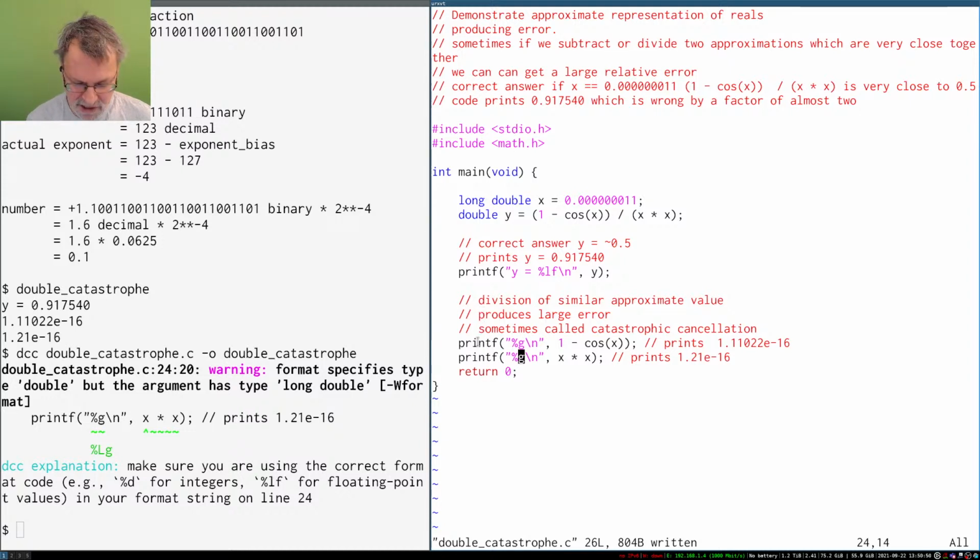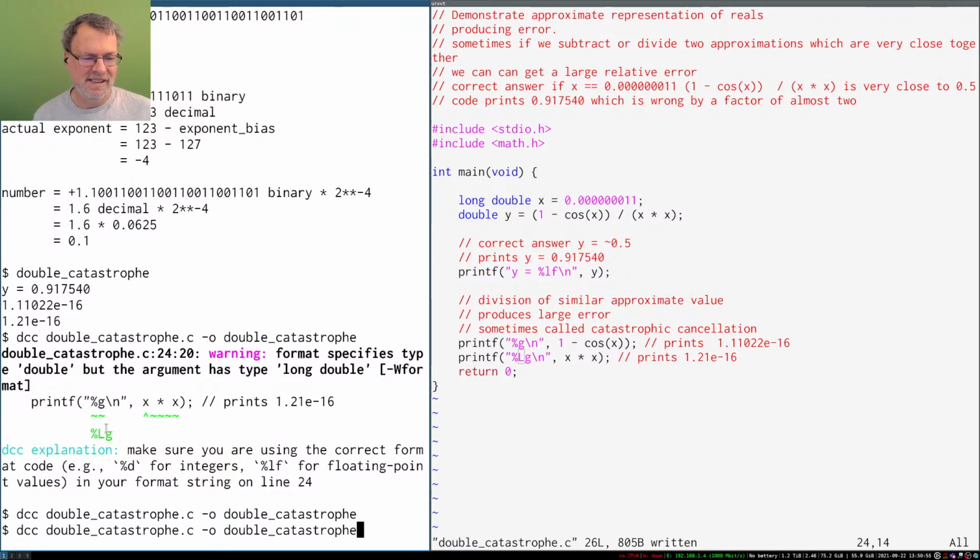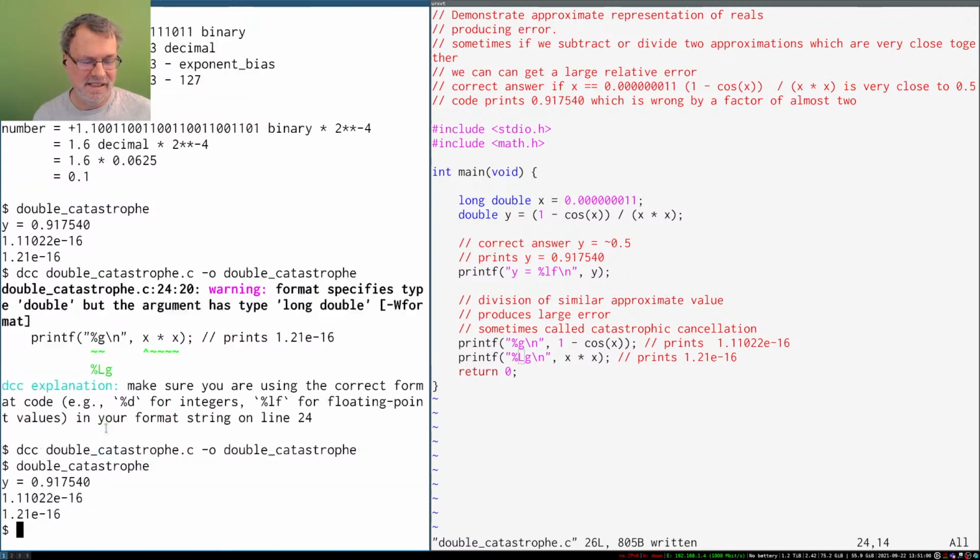We want to put %LG there. Okay. Let's see if throwing more bits at this is enough. No. Didn't make any difference at all. I thought that would. Sometimes just going to more bits doesn't make any difference anyway.